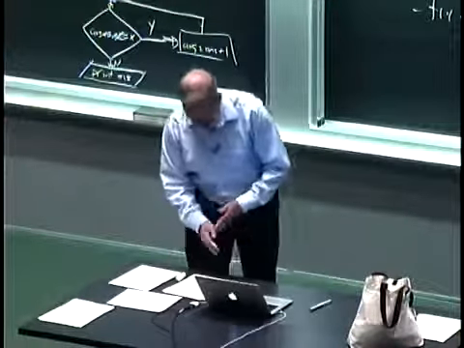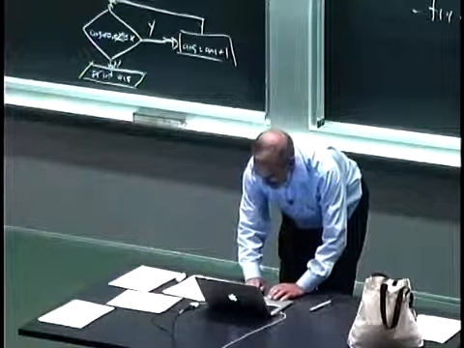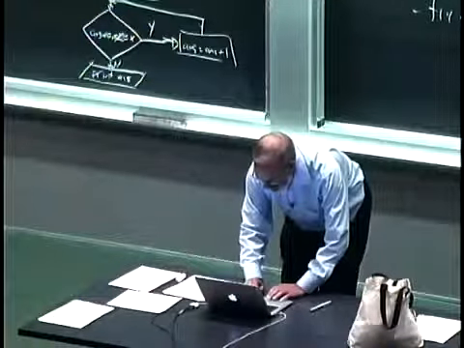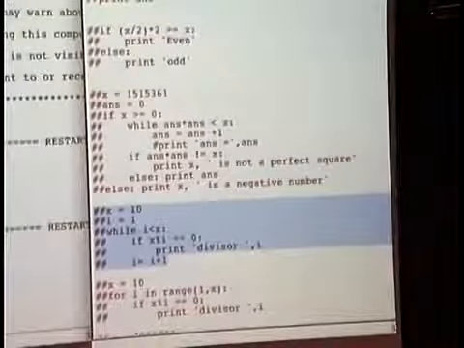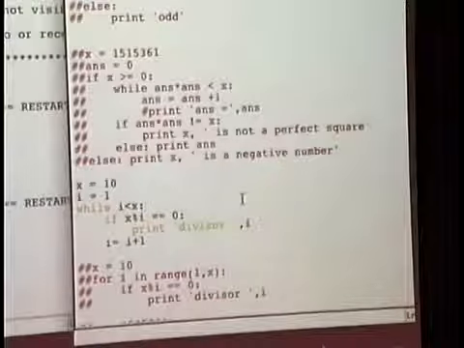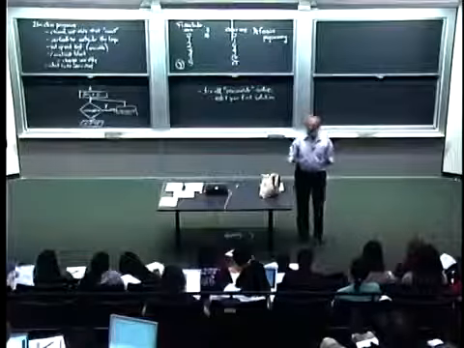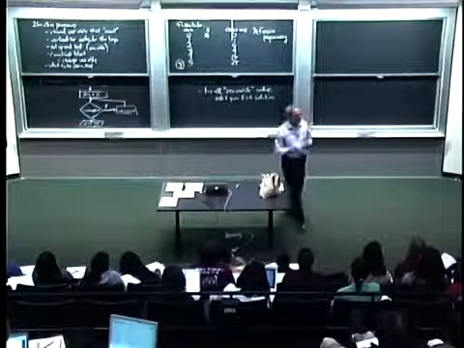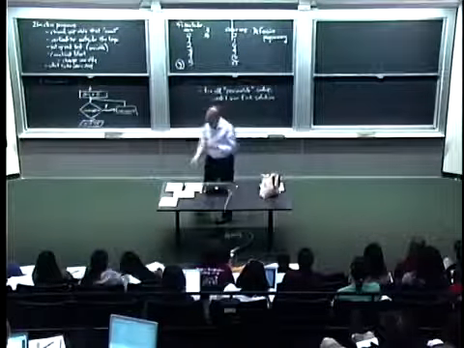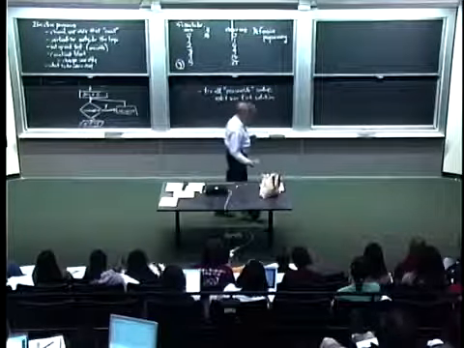Okay. In particular, let's go over to here, and let me show you a second example. Again, let me comment that out. Here's another problem that I'd like to solve. Suppose I want to find all the divisors of some integer. I want to figure out what all the divisors are that go evenly into it.